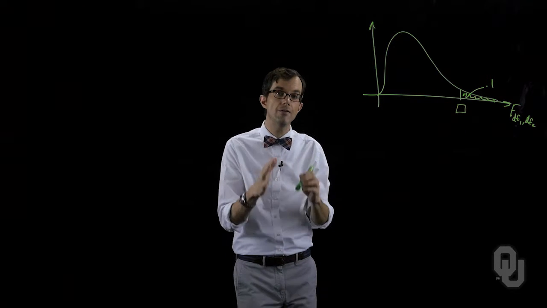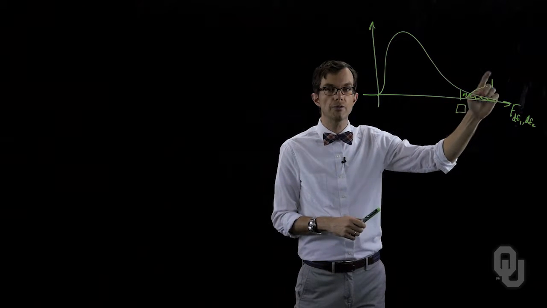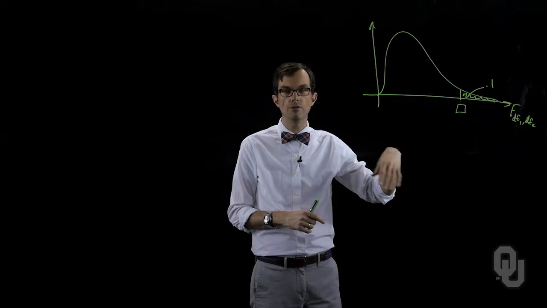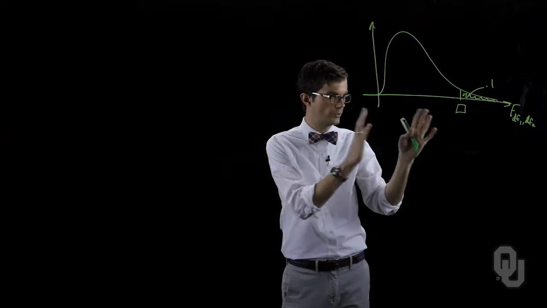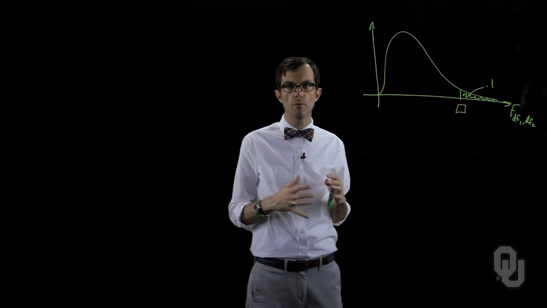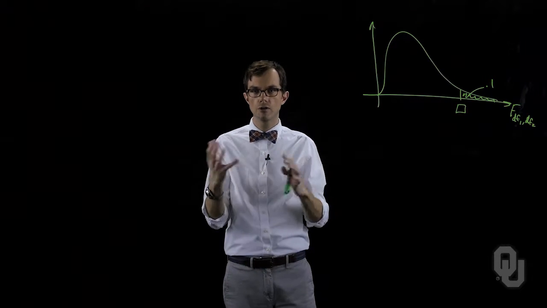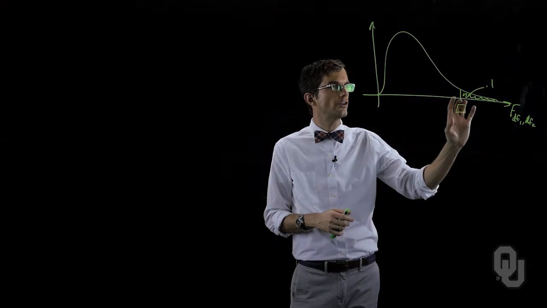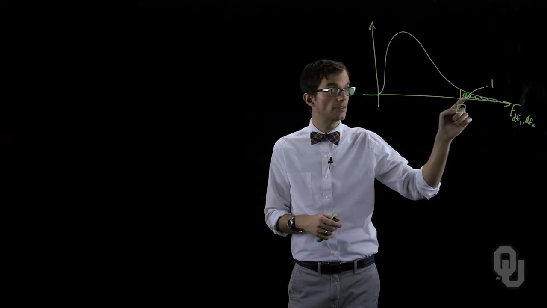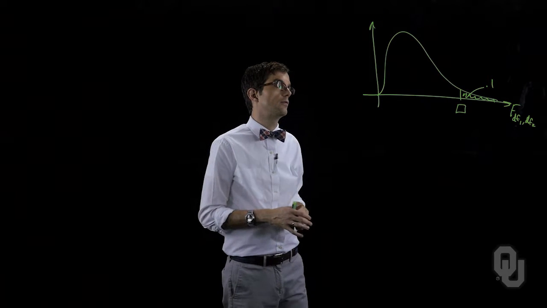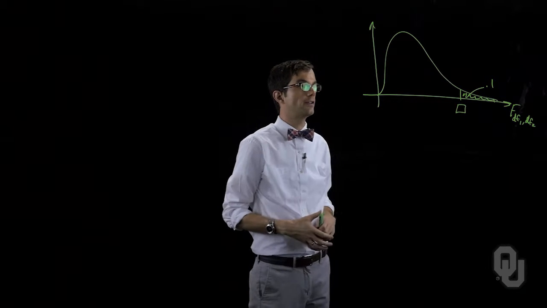We have a different table for different upper tail values, 0.05, 0.025, 0.01, and so on. If we're not using Excel, and we're just using the tables provided in a textbook or in this course, that's how you would read a value on the axis associated with that amount of area in the tail.